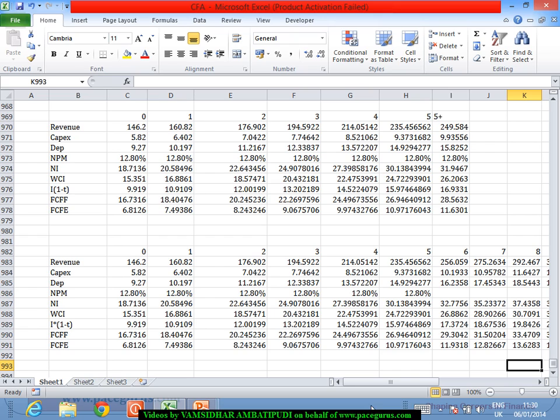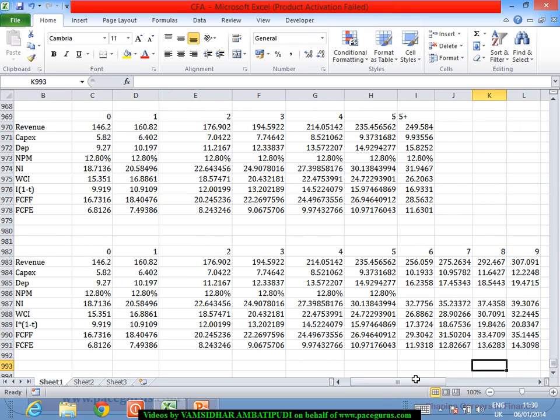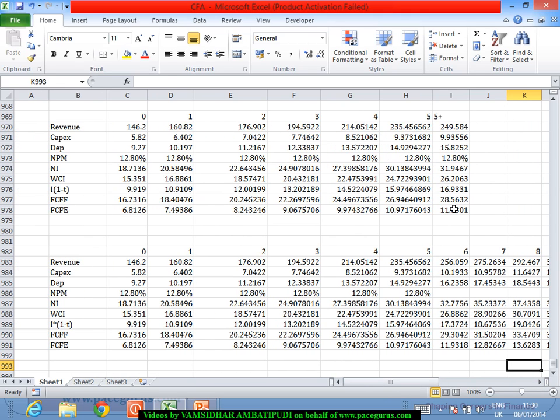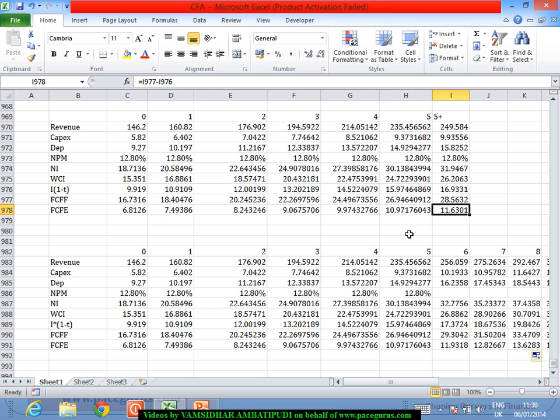Now what we are saying is, as per the first analyst, he is making a conclusion that from the 6th year onwards there is going to be a constant 6% growth rate forever. So at least here I can find out the present value of all those FCFEs or FCFFs.